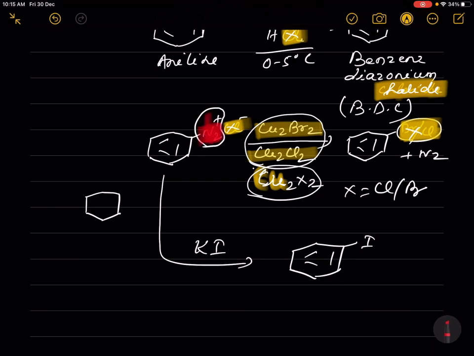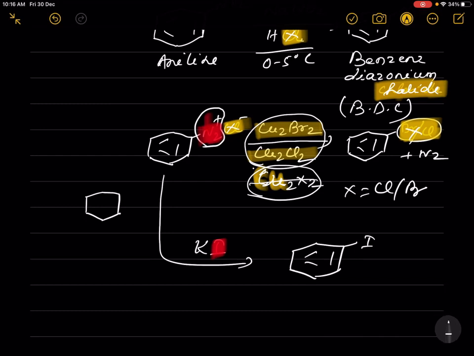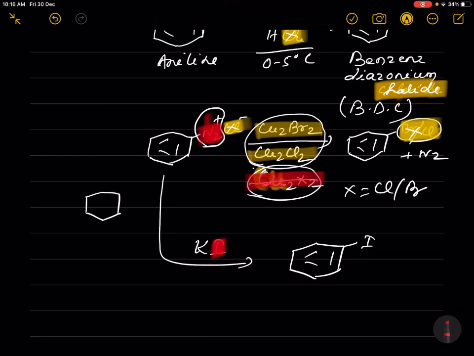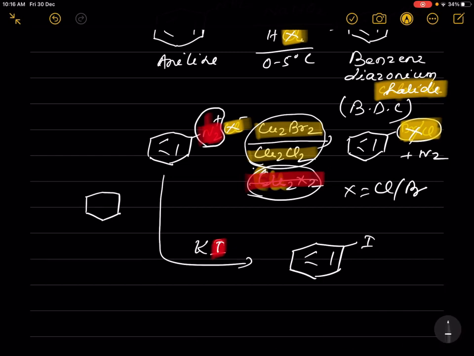Replacement of the diazonium group by iodine does not require Cu2X2 and is done by simply shaking the diazonium salt with potassium iodide. The iodine substitutes over here and the diazonium part is removed.